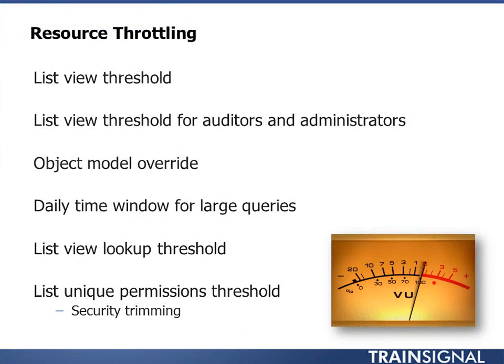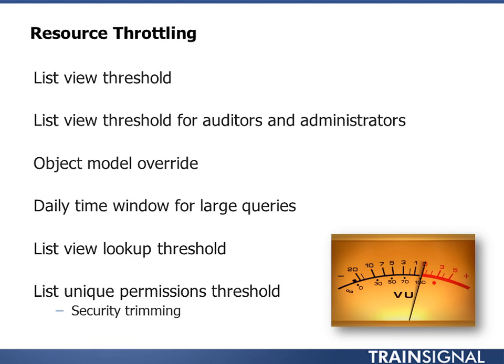Next up is our resource throttling. Resource throttling allows me to dial back how many items are going to be returned on a list view, unique permissions, etc. Basically, these are all the different things that can wind up slowing things down in SharePoint. So to start with is our list view threshold.